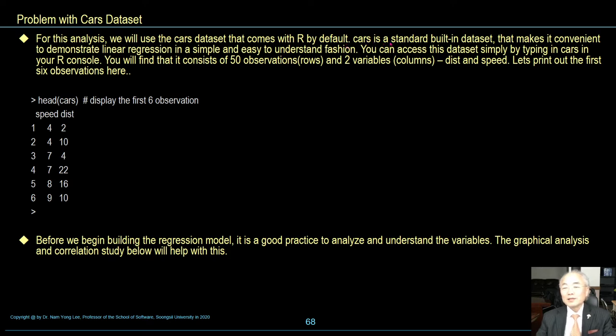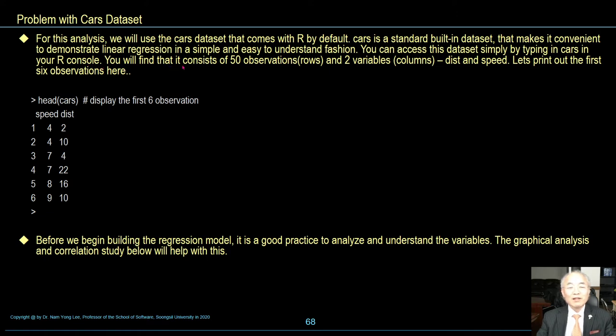Cars is a standard built-in dataset that makes it convenient to demonstrate linear regression in a simple and easy to understand fashion. You can access this data set simply by typing in cars in your R console.